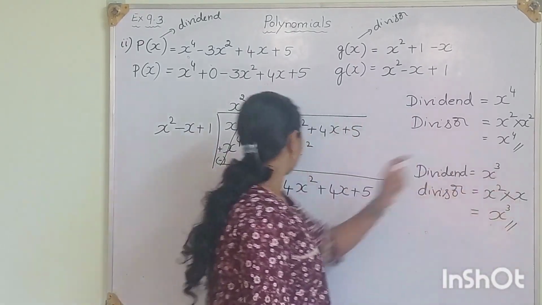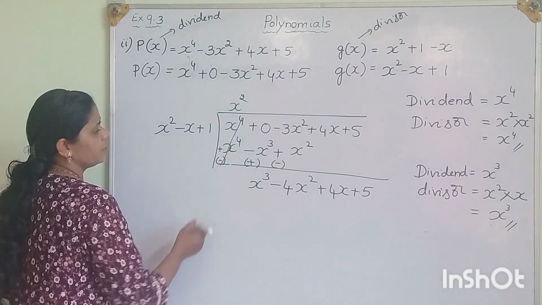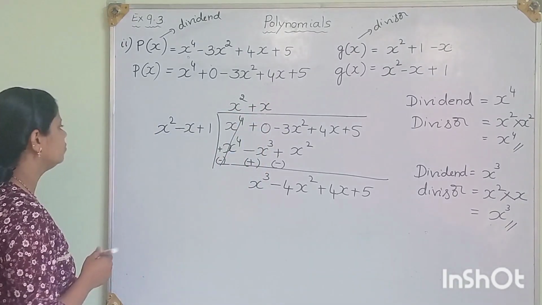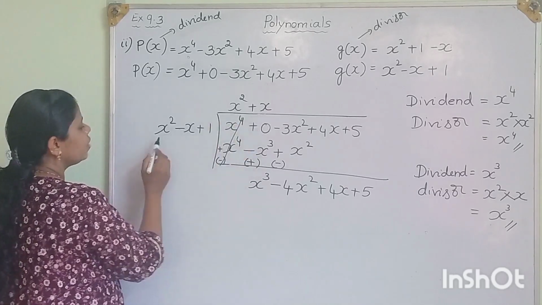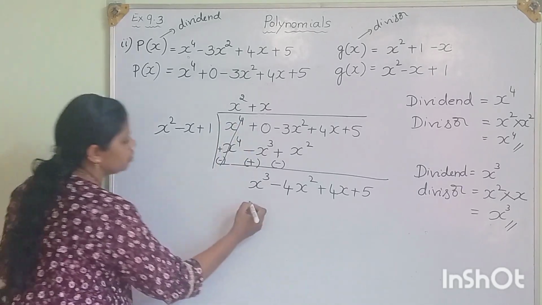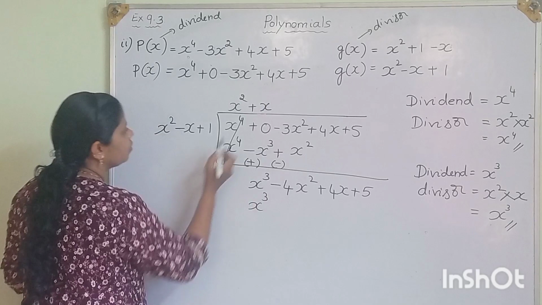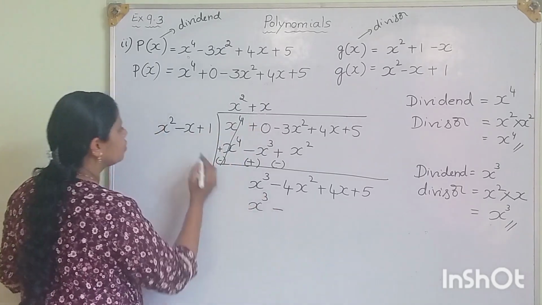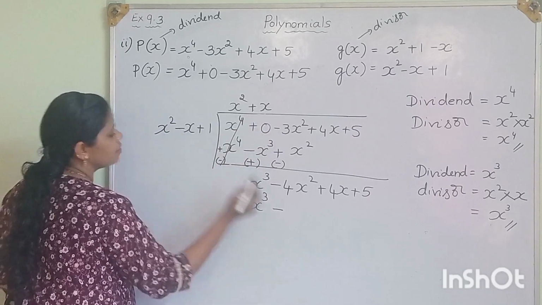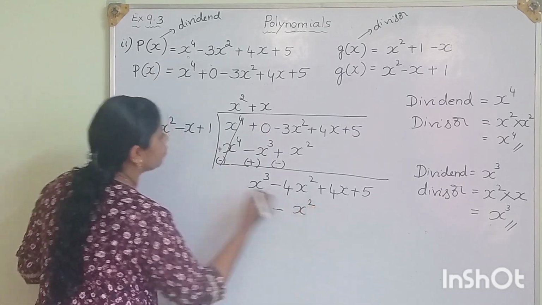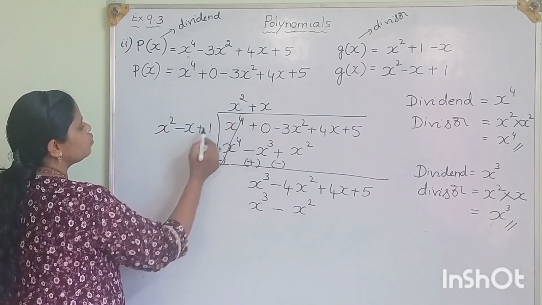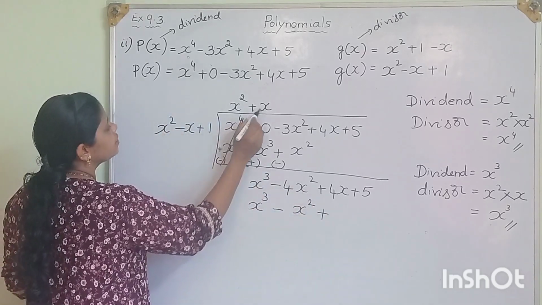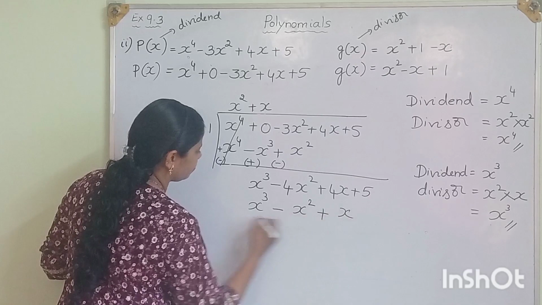Here this x, let me multiply here, plus x. x into x square is what? x cube. Plus into minus is what? Minus. x into x is x square. Then plus into plus is plus. 1 into x is x.